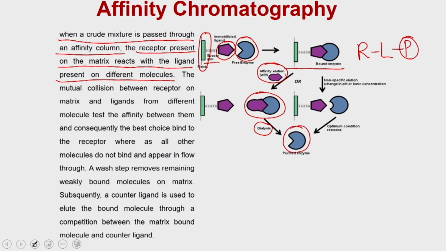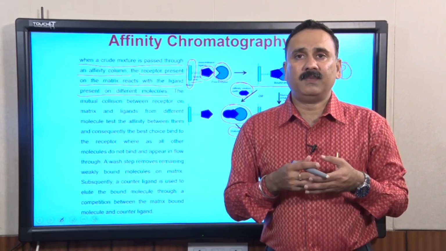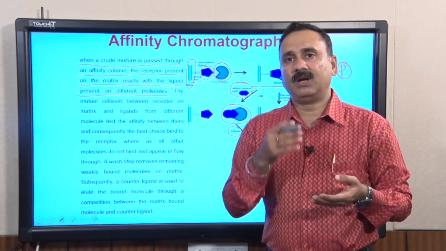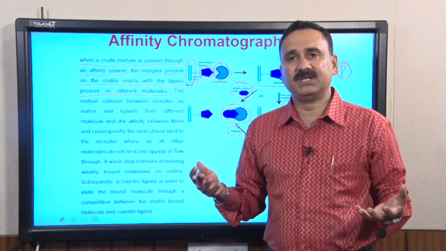Or you can use the non-specific approaches. For example, you can use non-specific elution approaches where you can change the pH or the ionic strength. If you remember, in the previous slide we discussed that these receptor ligand interactions mainly depend on hydrogen bonding, van der Waals interactions, pi-pi interaction, as well as salt bridging interactions.